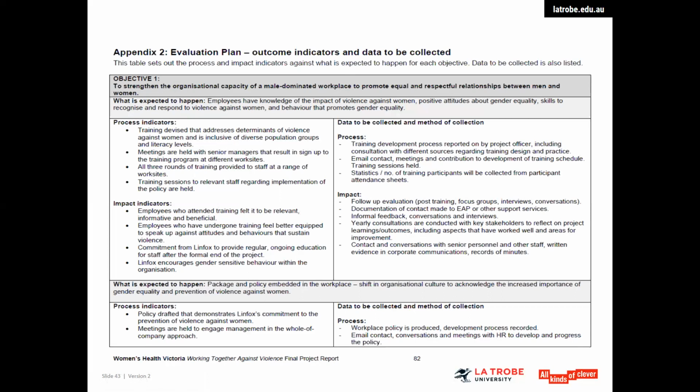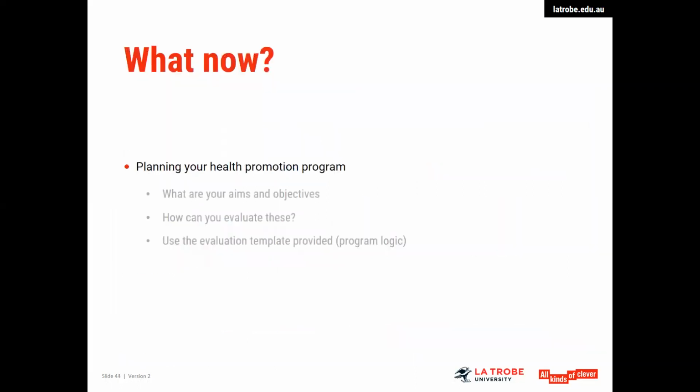It will give you a really good idea of what Glenda and I would be looking for in your evaluation plans in terms of indicators and data collection methods. The only other thing you would need to add would be your analysis and some detail around the study design as well.